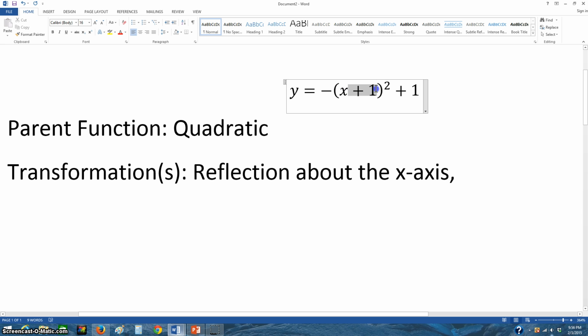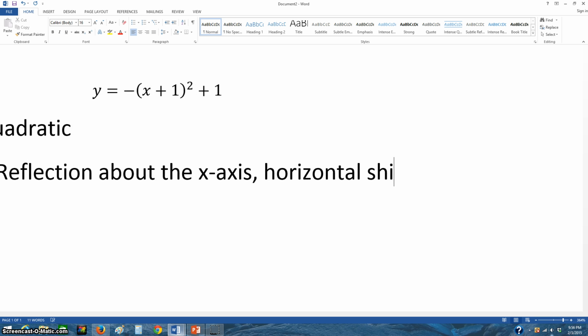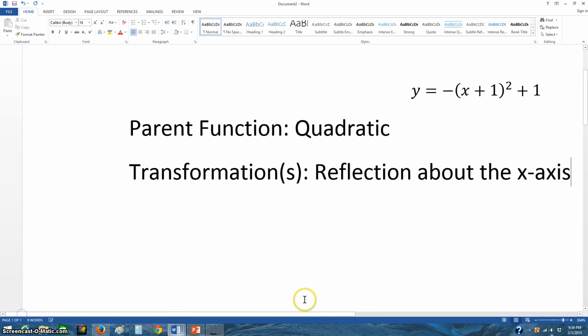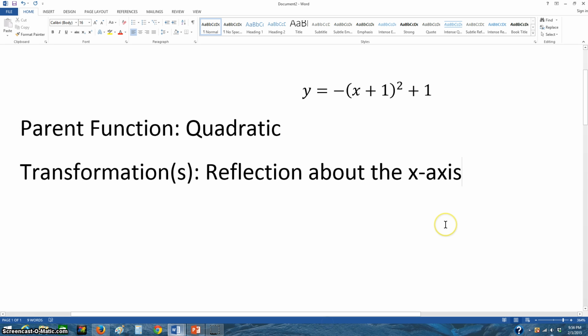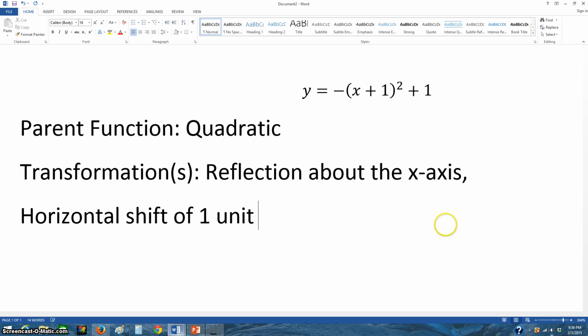This plus 1 that's inside with the x, that means we have to think the opposite. So that means there is going to be a horizontal shift of 1 unit to the left.